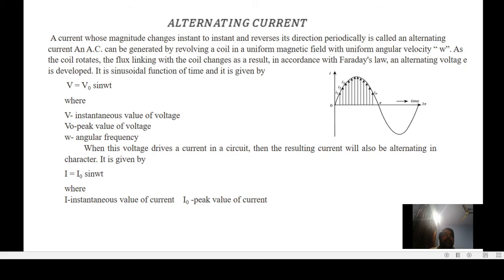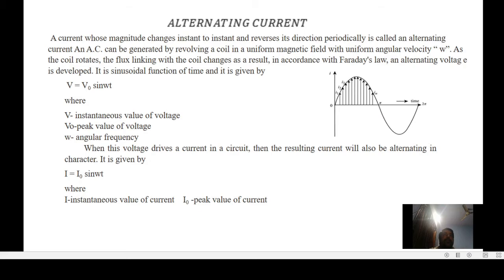An alternating current can be generated by revolving a coil in a uniform magnetic field with uniform angular velocity omega. As the coil rotates, the flux linking with the coil changes. As a result, in accordance with Faraday's law, an alternating voltage is developed.